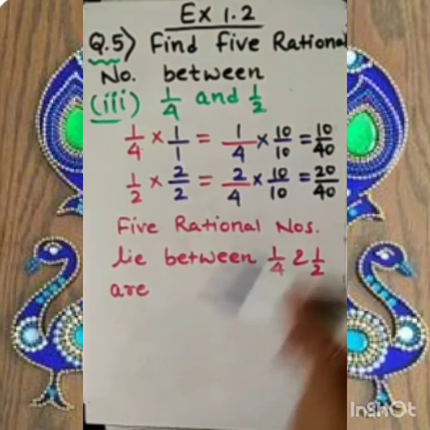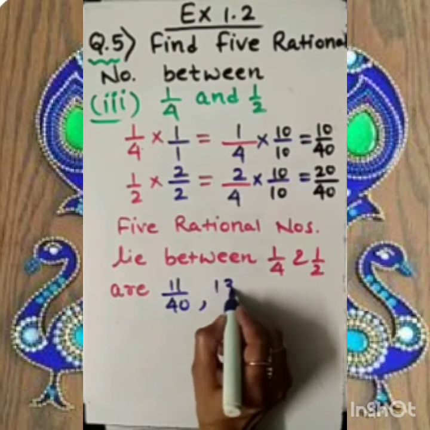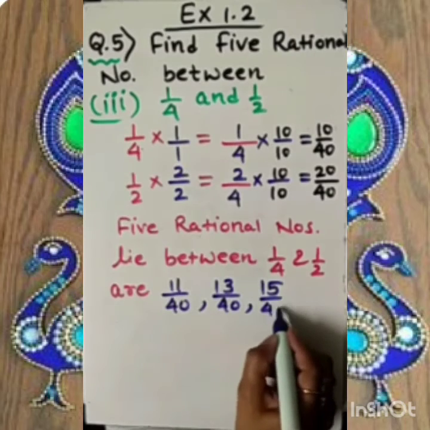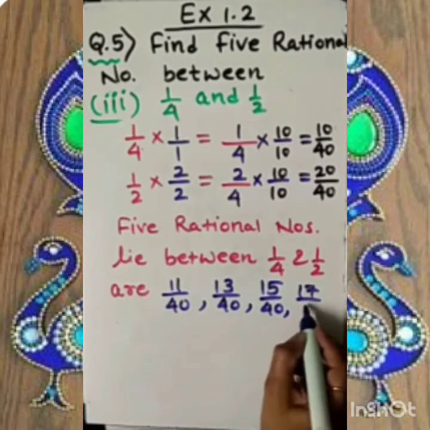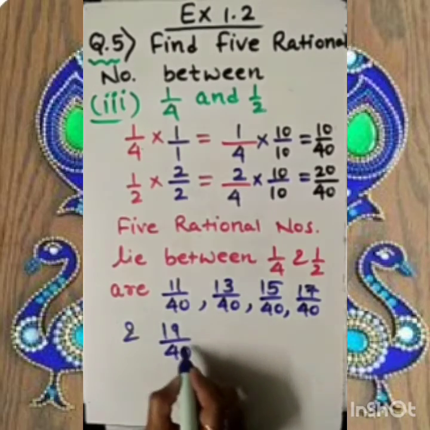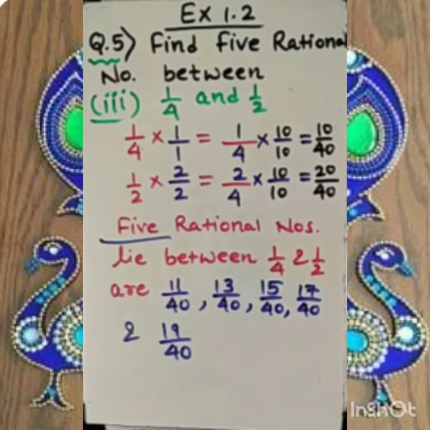So after 10, of course, 11 by 40. Then randomly I am choosing 13 by 40, 15 by 40, 17 by 40 and 19 by 40, because we want to mention 5 rational numbers. So according to my choice, I have written here. Again I am telling you, the answer of this varies from person to person. Yeah. So this is the solution for question number 5.